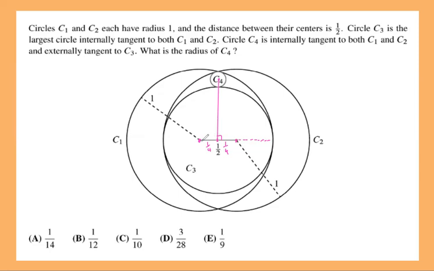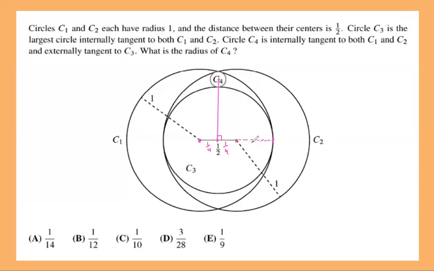The same idea applies from this point to this point, because this is the center of circle 1 and this is a point on circle 1, so the distance is 1 unit.